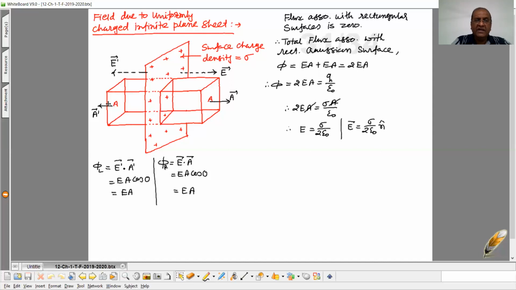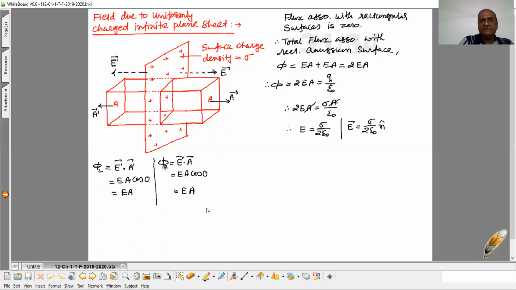But here the area vector and field are both in the same direction, so theta is 0, so E into A. Similarly, the flux passing through this right side cross-sectional surface, phi R, is E dot A, so we can write that is also E A cos 0, that is E A.